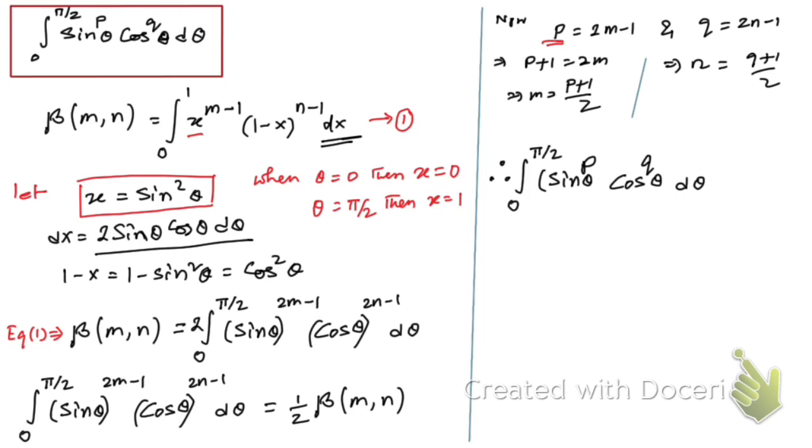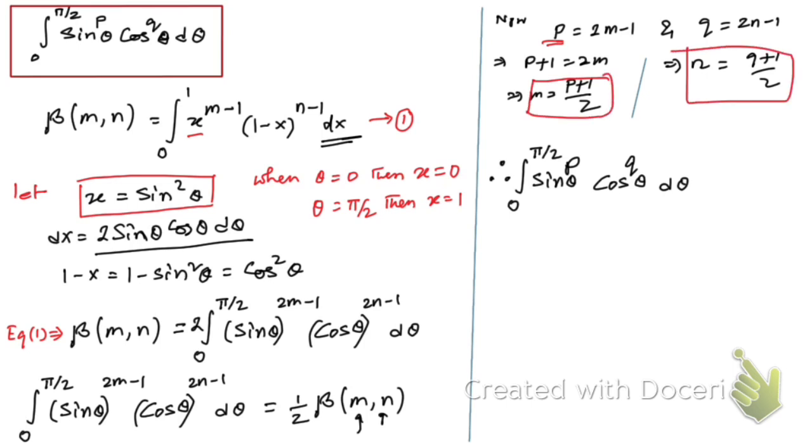Now on the right hand side, m and n should be replaced by these two values. M will be replaced by this and n will be replaced by this. So that will be done on the right hand side. Hope you have understood this.